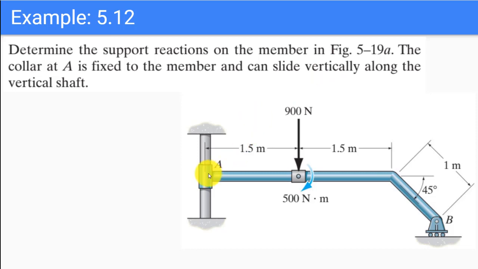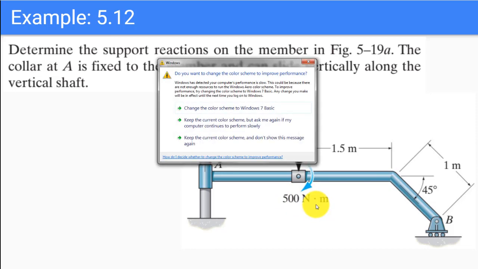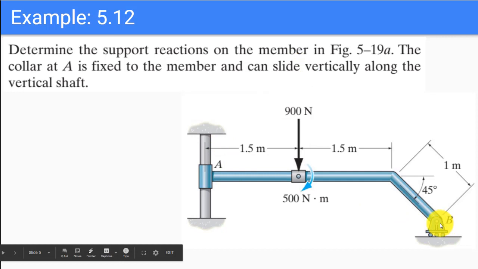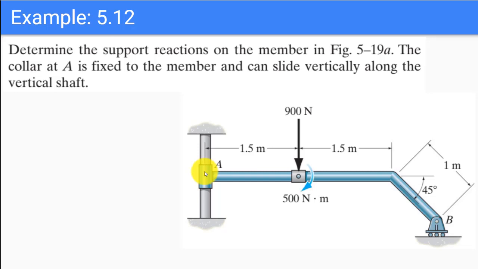So here we have this member, shown in blue, which has one force acting on it, 900 newtons, and a couple moment of 500 newton meters, and it is supported at both ends. One end is supported with this roller at B, and the other with this fixed support at A.